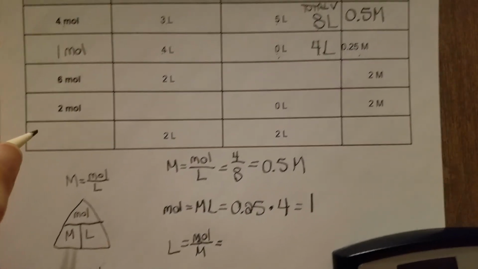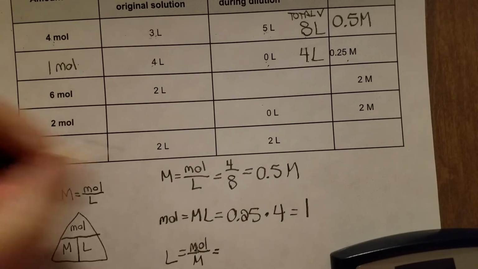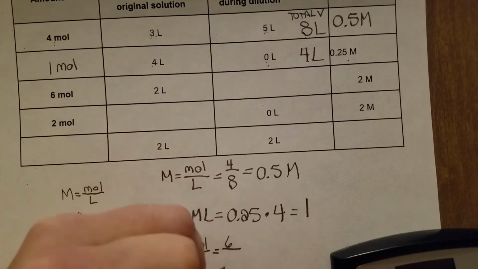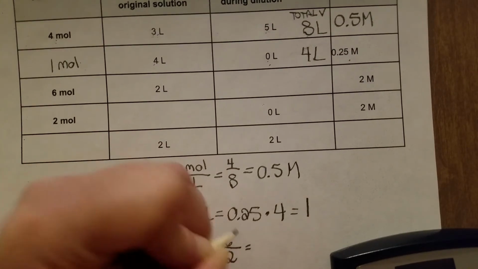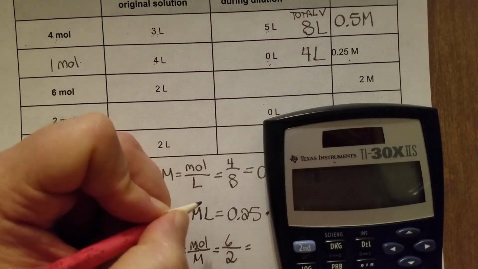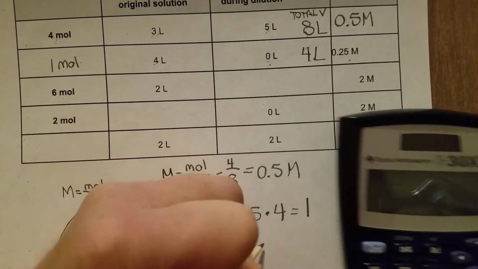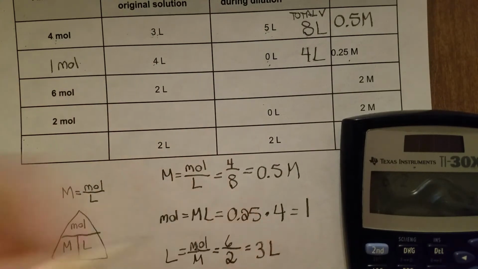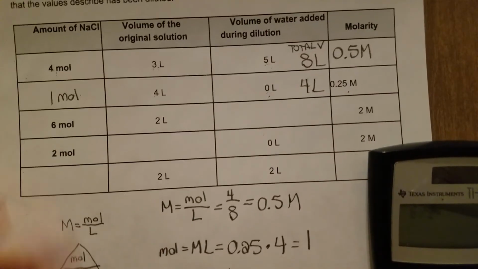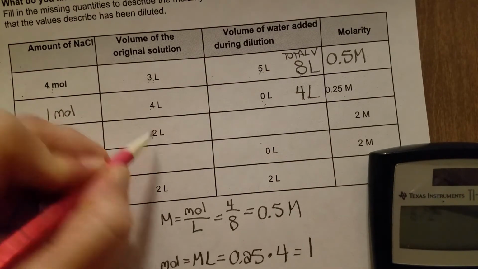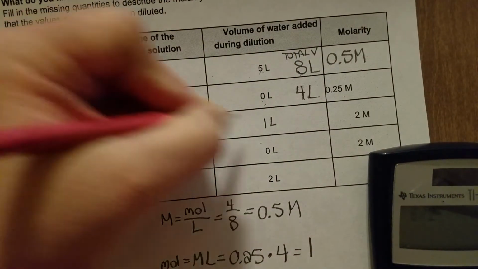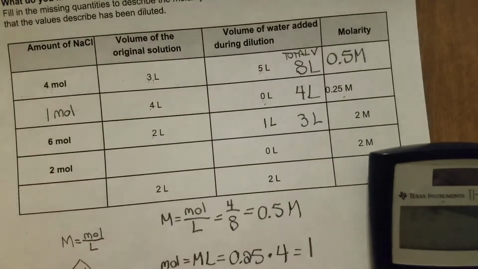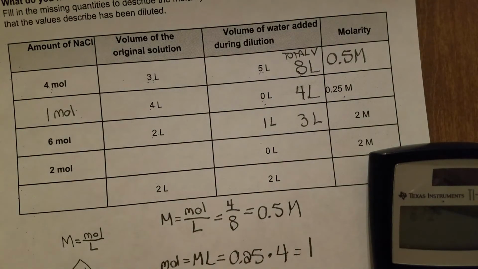We have the total number of moles is 6 over the total number of liters, which is 2. 6 over 2 equals 3 liters. So we already have 2 right here, so we'll have 1 right here, and our total 2 plus 1 is 3 liters. This chart would have been a lot less confusing if they'd put a total on there.